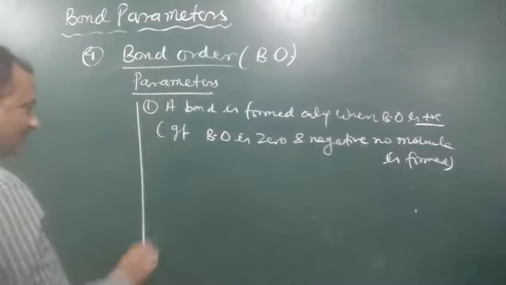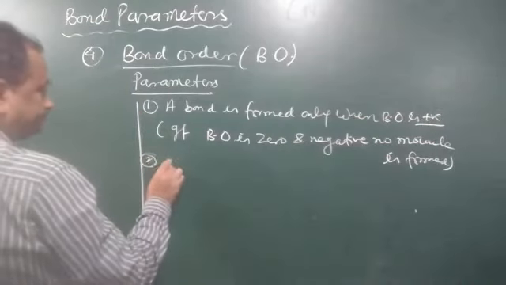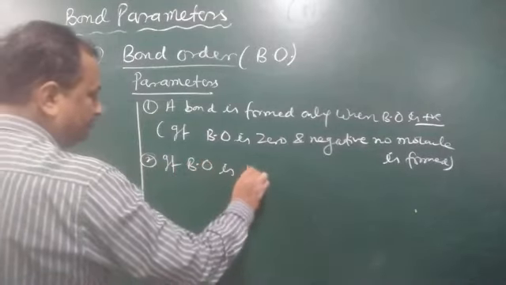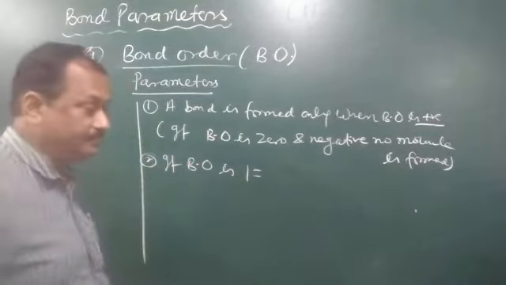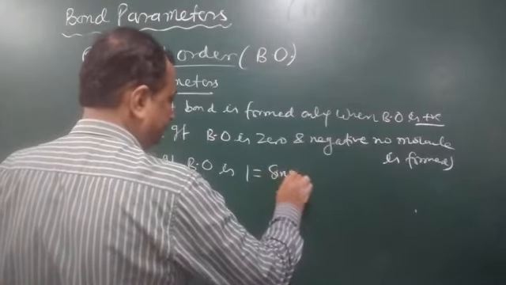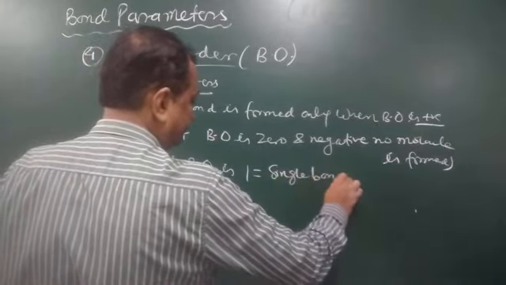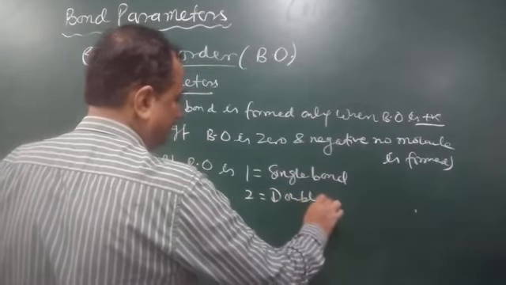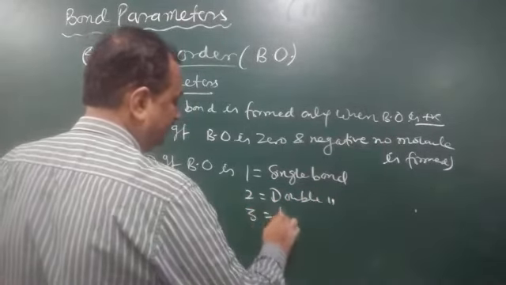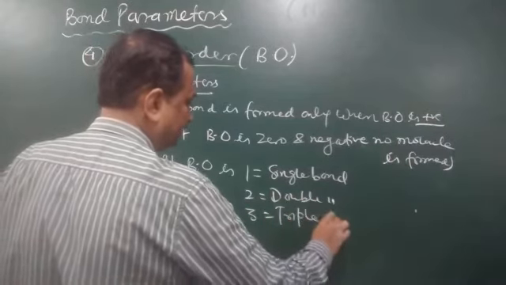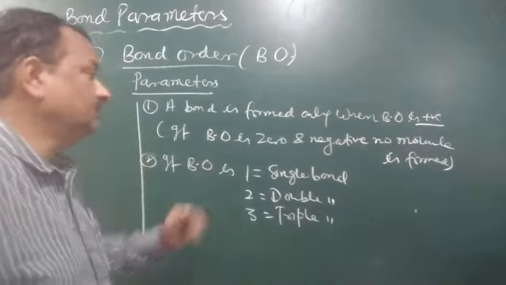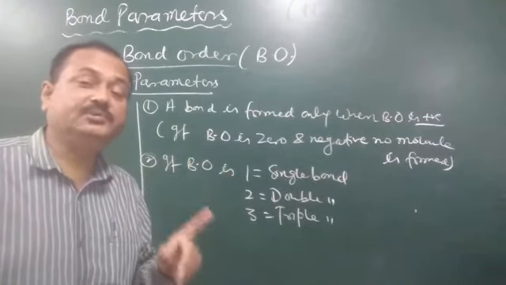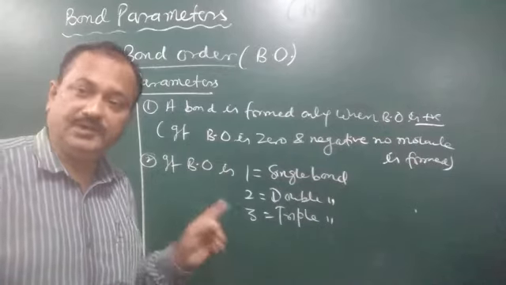We'll see later on. Second point, if bond order is 1, then single bond. If it is 2, then double bond. If it is 3, then triple bond. So it must be positive. Negative or 0 indicates no bond, no molecule.